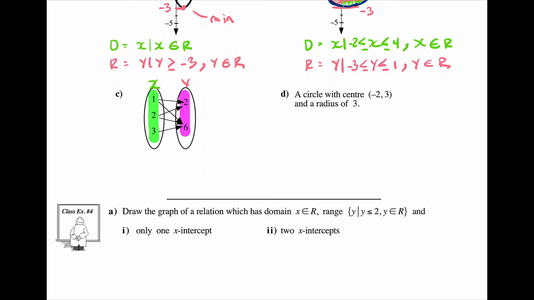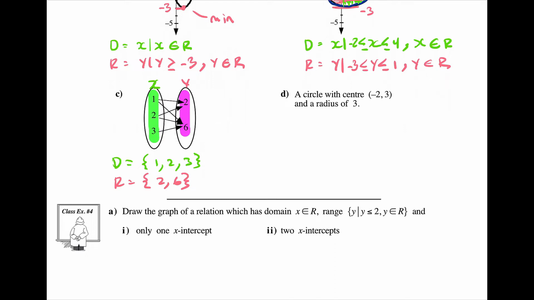The domain is going to equal, in this case, just those points: 1, 2, and 3, and the range is going to equal 2 and 6.